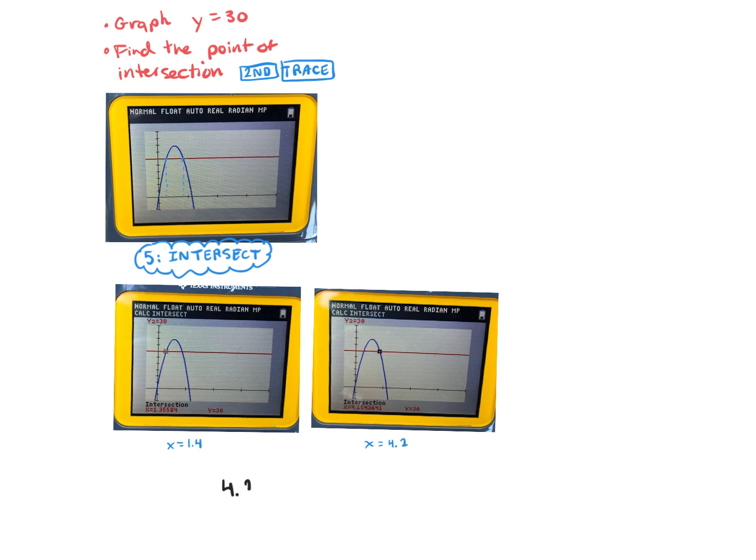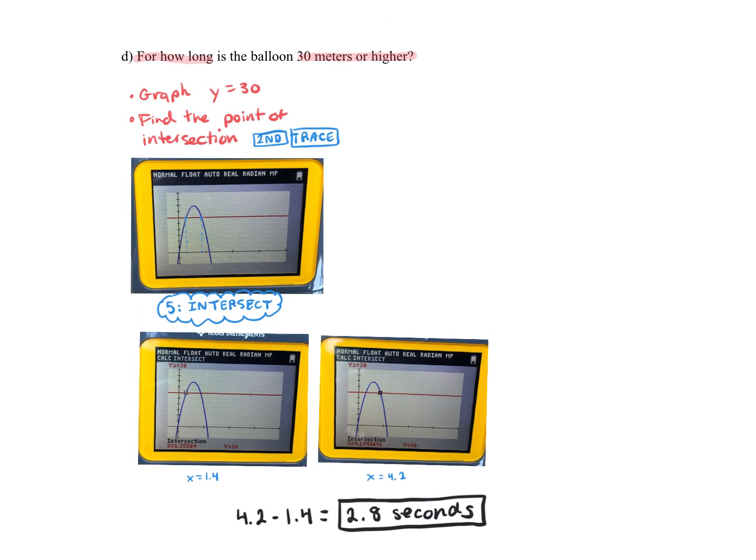So we'd actually want to do 4.2 minus 1.4, and that would give us an interval length of about 2.8 seconds. So this definitely requires a little bit more critical thinking to allow us to solve this problem.